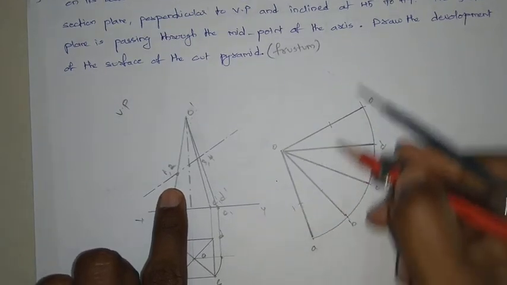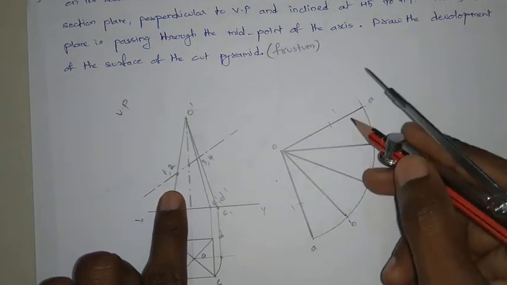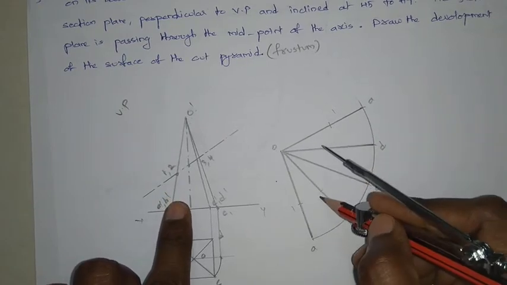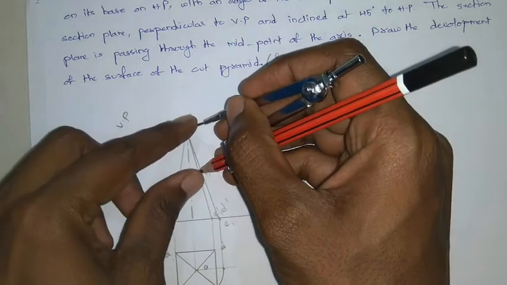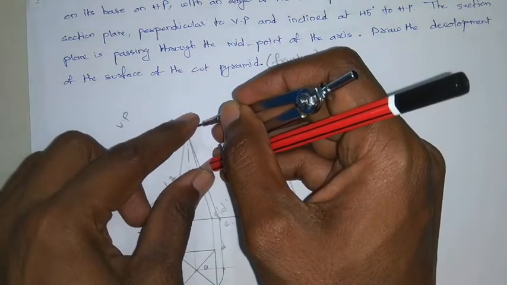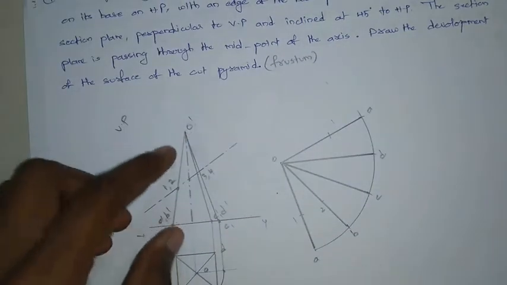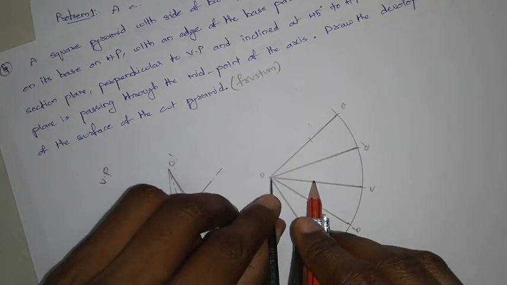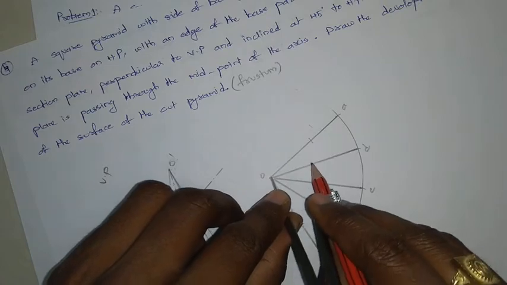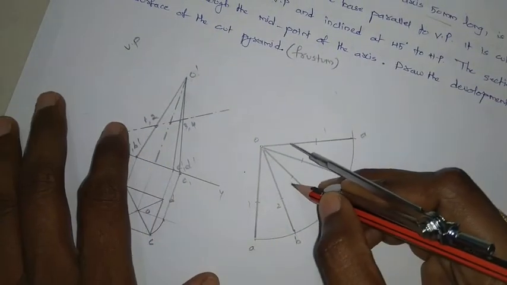So this is 1. You can see OA we have to write in the beginning and end, and this is 2. Next you can measure 3 and 4. So 3 and 4 will be lying on C comma D. So this is 1, 2, 3, 4.